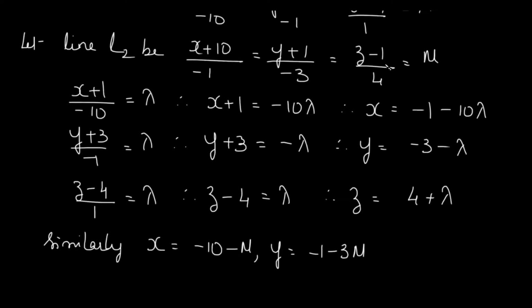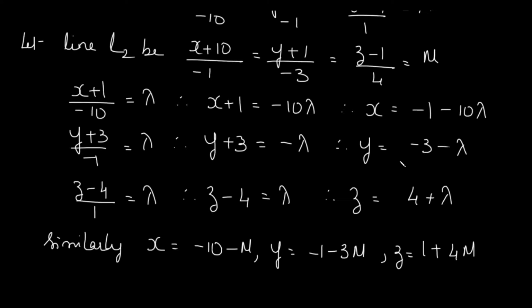Look at the equations, how they are going. And z is equal to 1 plus 4 mu. So this way we got the second set of coordinates.